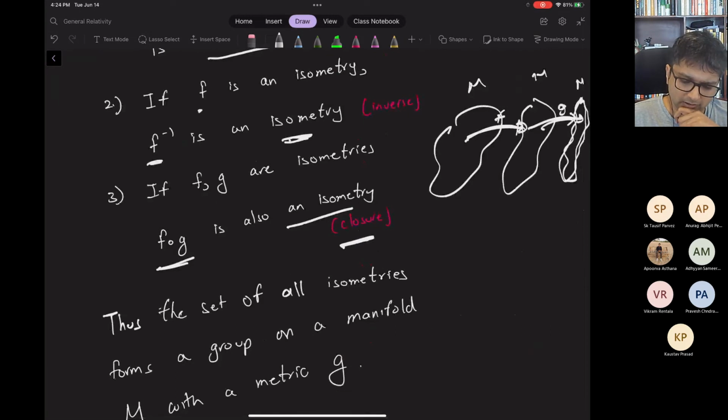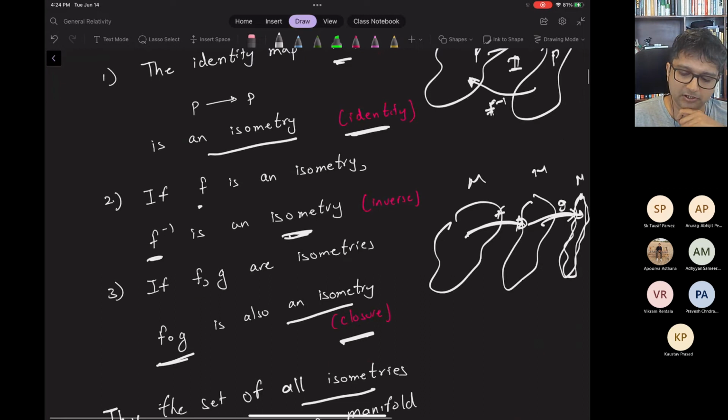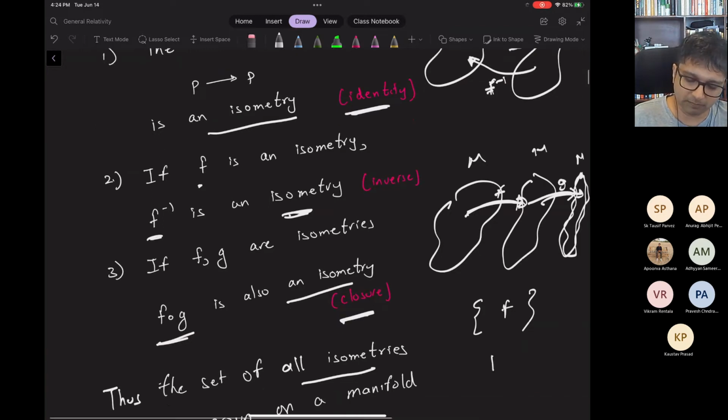So the set of all isometries therefore forms a group because it satisfies all the group properties. So what is the group? The elements of the group are isometries, that is, diffeomorphisms that preserve the metric. And the group operation is composition of these isometries. Under this composition, you get back an element of the same set, an isometry. The inverse of every group element exists.